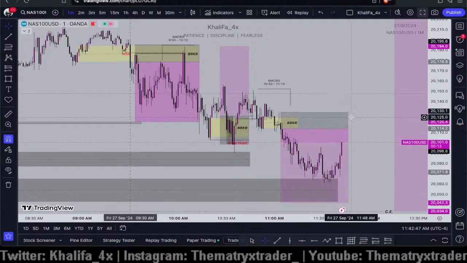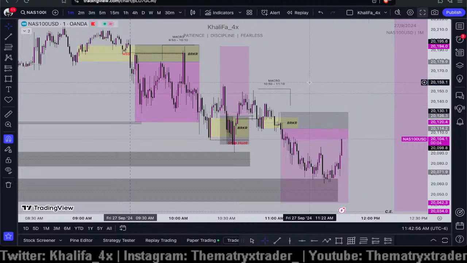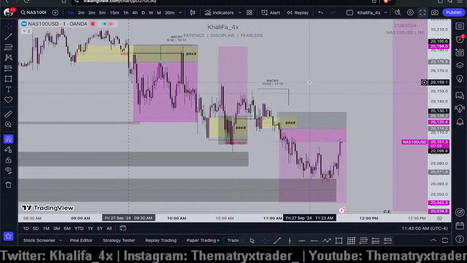I wish this trade is gonna end before the 12, because the shit is going to happen after the 12, because that will be a lunch hour.